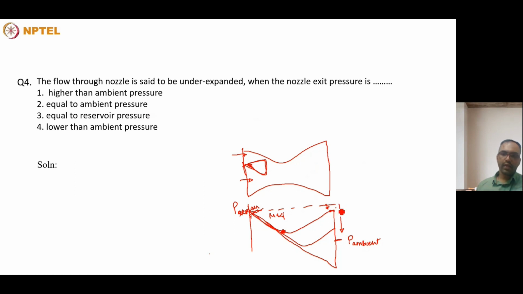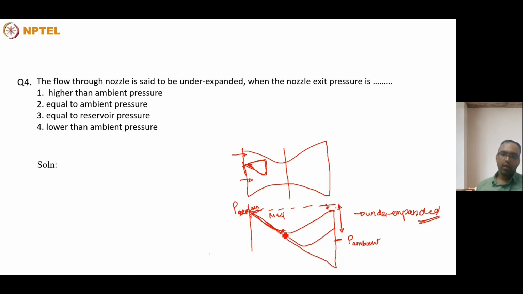So as long as the exit pressure is above the ambient pressure, the flow is said to be underexpanded, as the full utilization of the diffuser part or the diverging part is not taken into account.